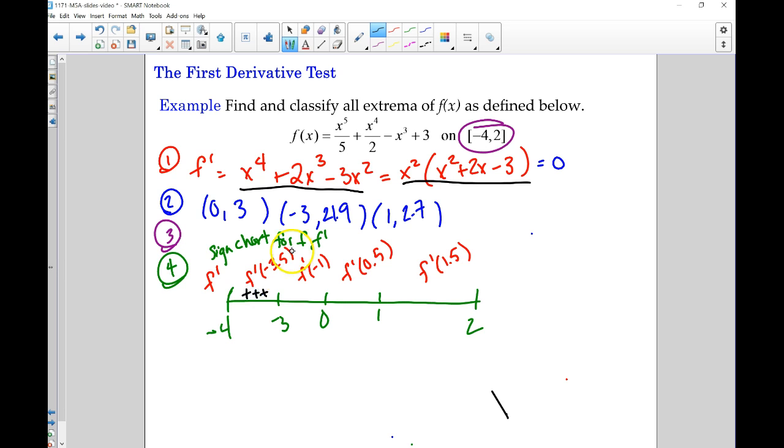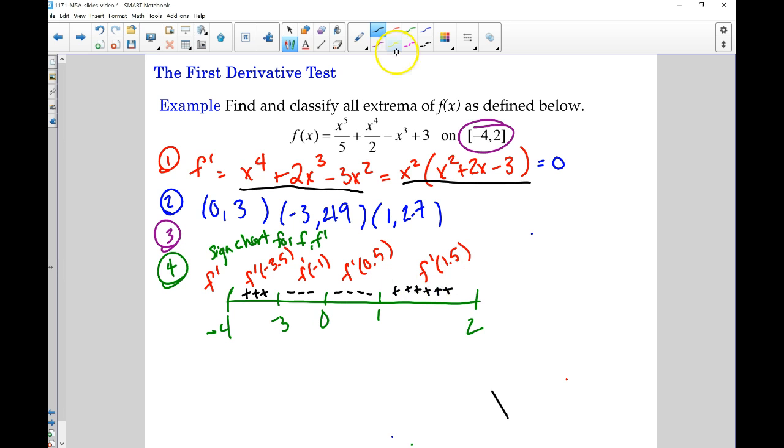Put in -1, and I get out a negative number. Put in 0.5, I get out a negative number. And at 1.5, I get out a positive number.